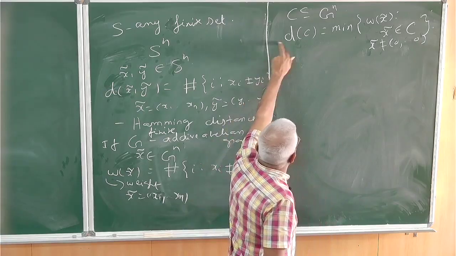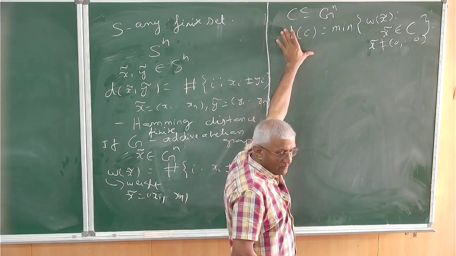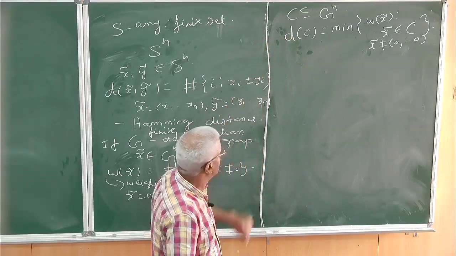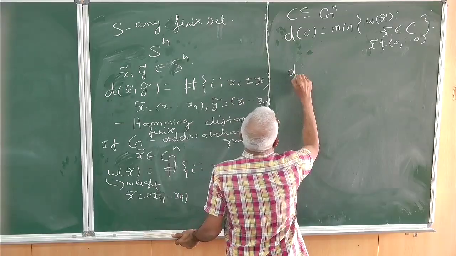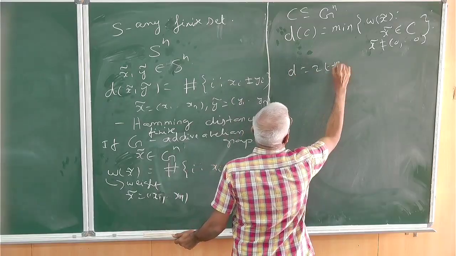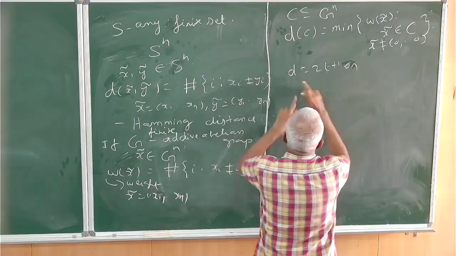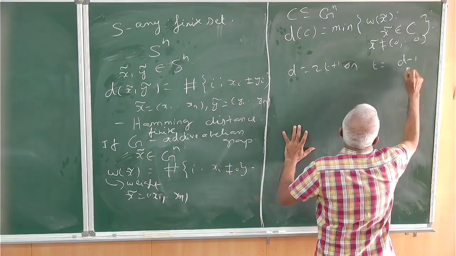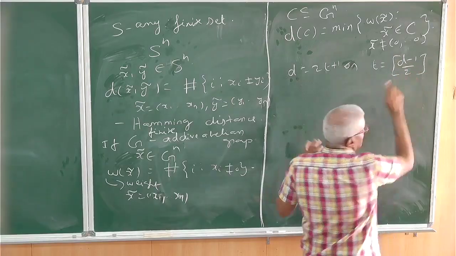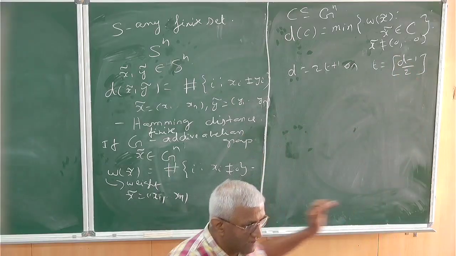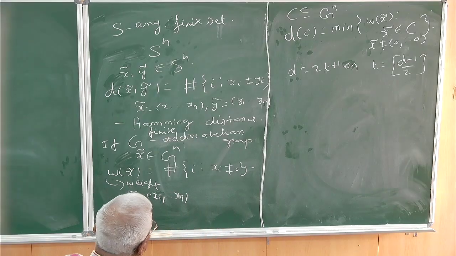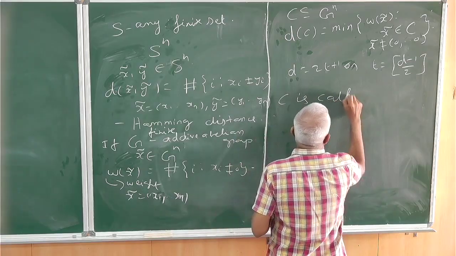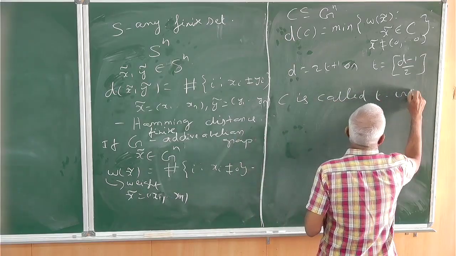So d(C) is a number, and it should be big. If d equals 2t plus 1, that is, if d is odd, otherwise you take t as the integer part of (d minus 1) by 2, then this C is called a T-error correcting code.